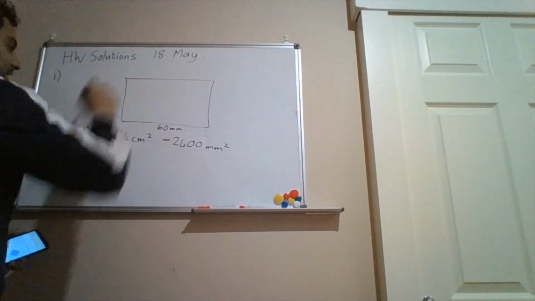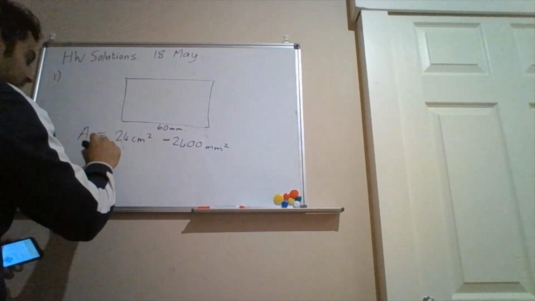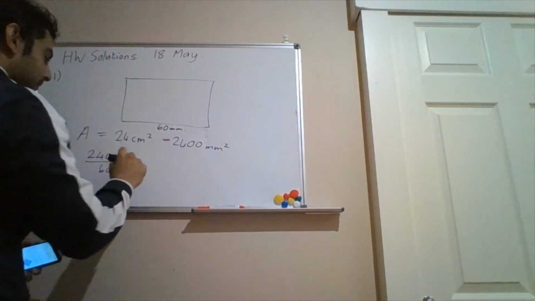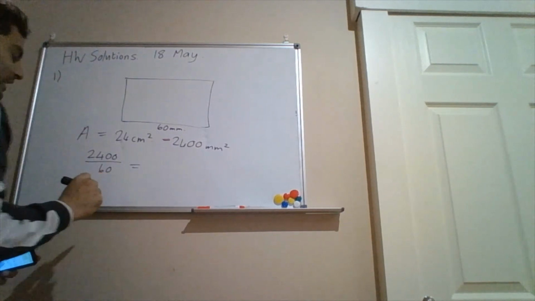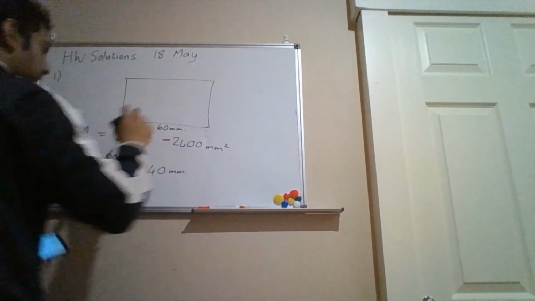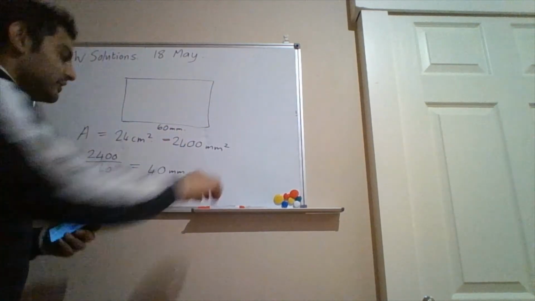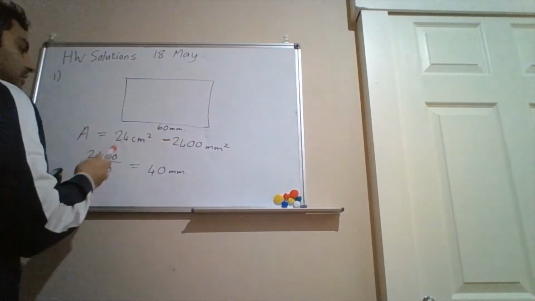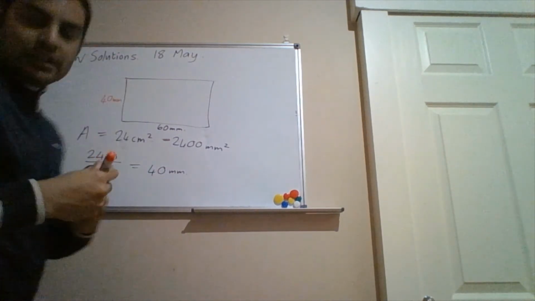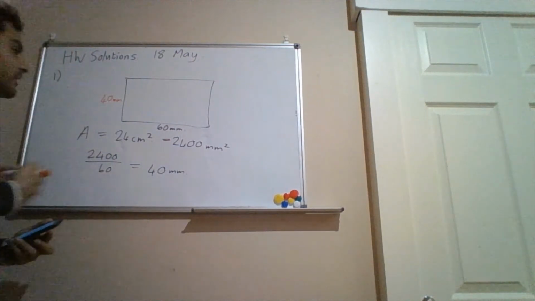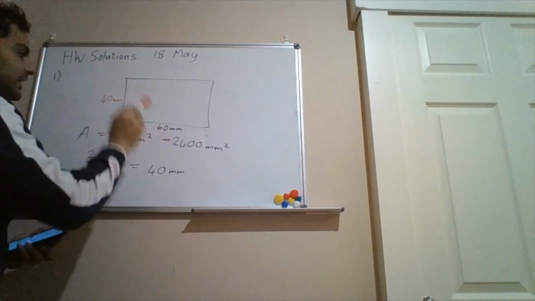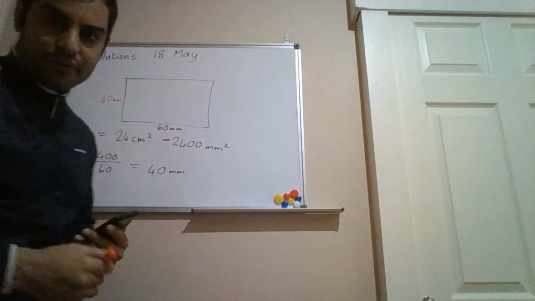So the value of this side has to be 2400 divided by 60, and that will give us 40 millimeters. I'm going to write that down in red. And you guys can just check it on your calculator. Check the area of this rectangle now: 40 times 60 is 2400.